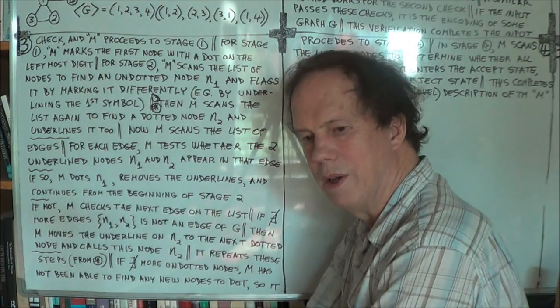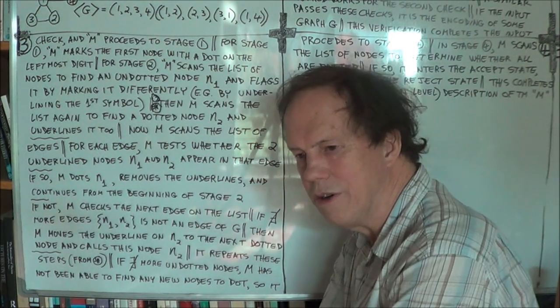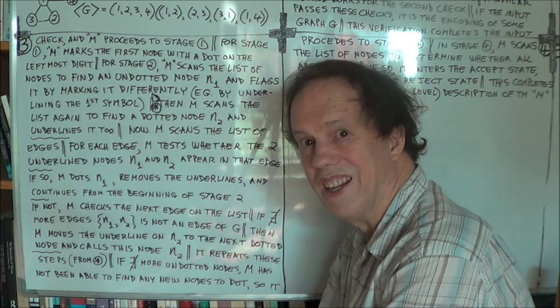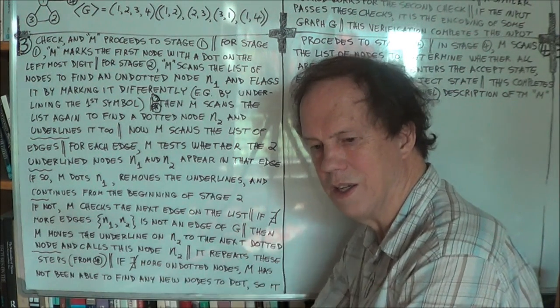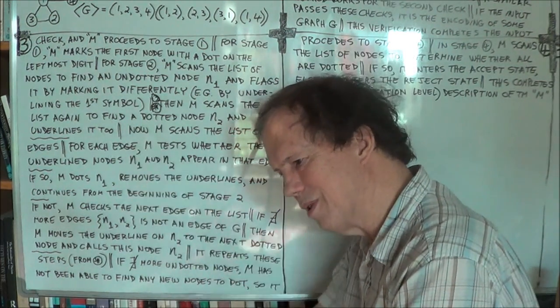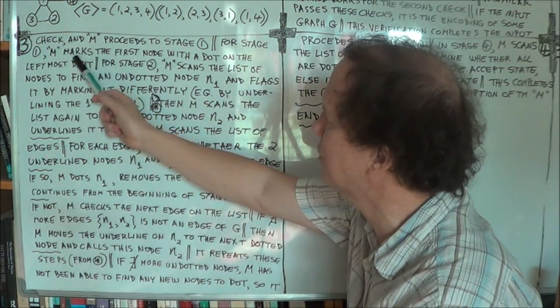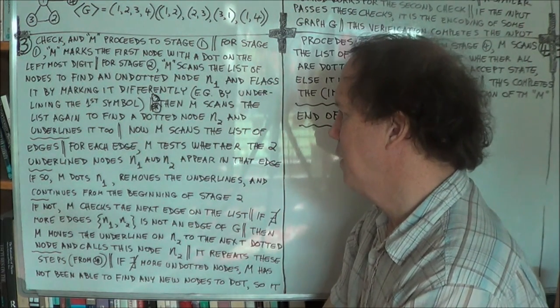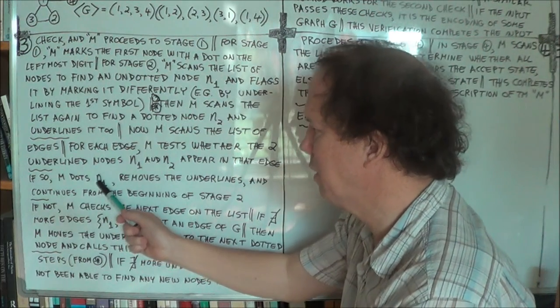So therefore N1 needs to be dotted as well, because now you know that N1 is connected, because it's connected to N2, and N2 in turn was connected to others, and so on, eventually back to the very first one. You start here. So you dot N1.